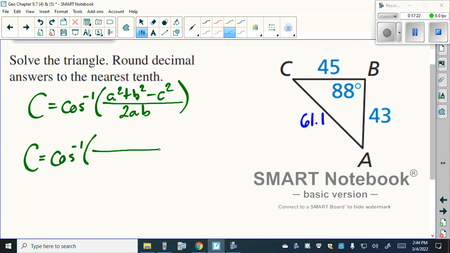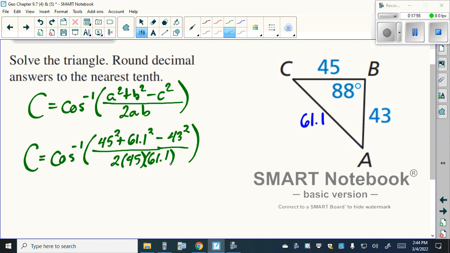Now A, we found, or know, is 45. So we have 45 squared. Plus, well, B is the value we just found of 61.1, plus 61.1 squared minus C squared is our 43, all over 2 times 45 times 61.1.